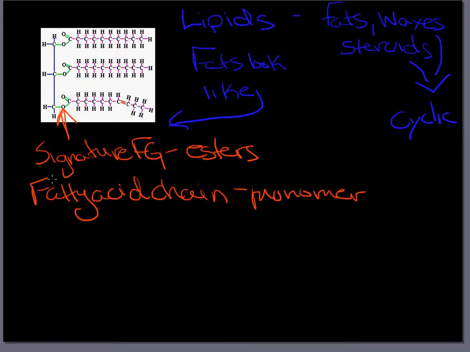So originally, what a fatty acid chain looks like is your carbon. And how do we get it called an acid? Well, we put carboxylic acid on it. And then we start attaching the fatty part.